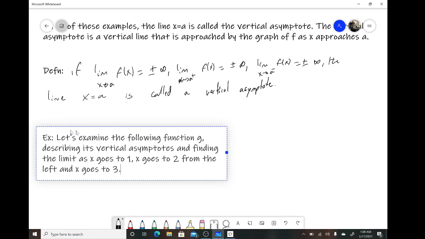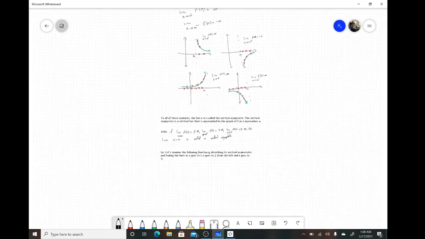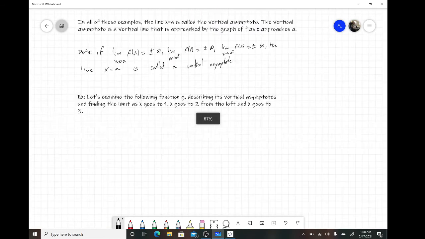So when I don't say left or right, that means the two-sided limit. So as x goes to 1, this means two-sided. As x goes to 3, that means two-sided. So if I do specify, then when I specify it, I do mean the one-sided.